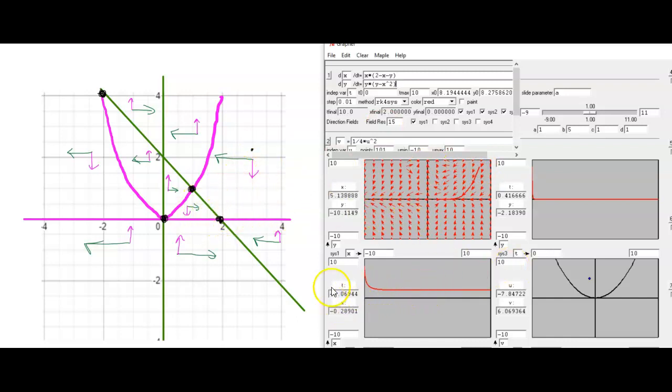You can see that in the x versus t plot, x hits a value of 2 and stays there, y drops down to a value of 0 and stays there for all time, and all of these points seem to go to that same equilibrium point until you get above this parabola, which if we look at the point (1, 1), which is somewhere right there, we see that all those points are going up towards infinity like we described.